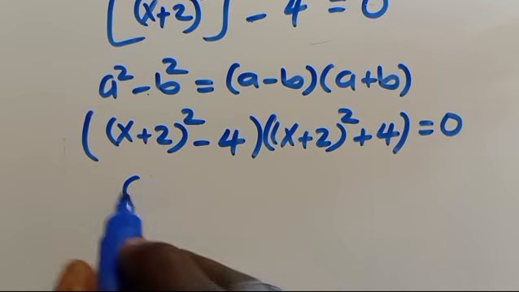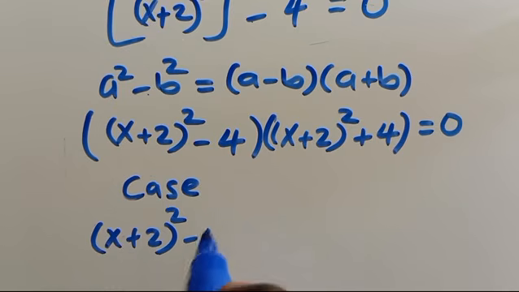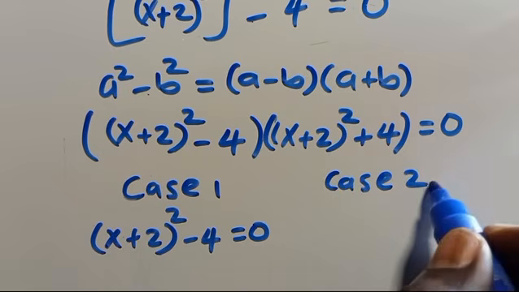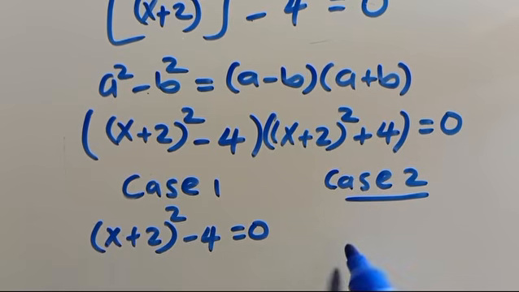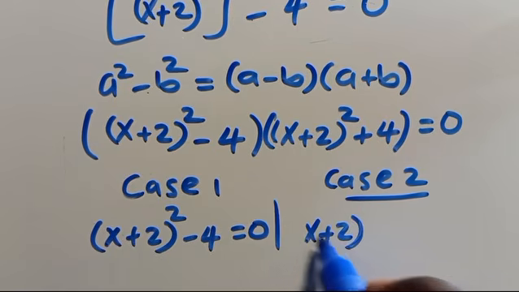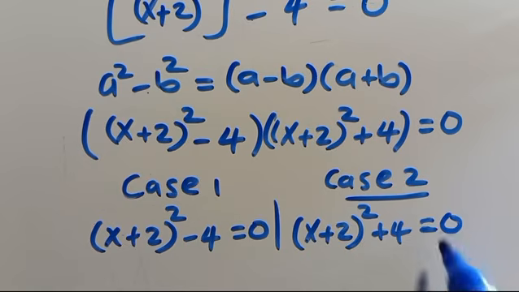So let's say we have case 1, (x + 2)^2 - 4 = 0, for this expression to be equal to 0. Case 2, (x + 2)^2 + 4 = 0, for this expression to be equal to 0.